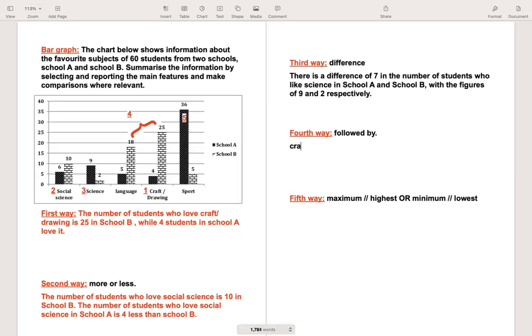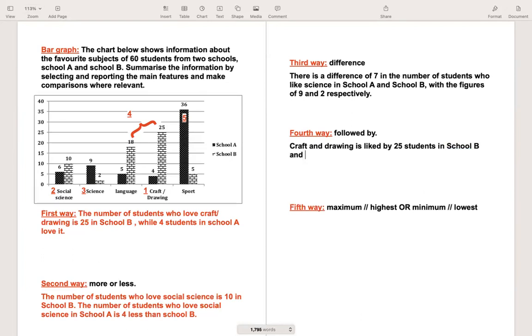Okay. So we'll start with object. Object is craft and drawing. Perfect. Craft and drawing. Next. Is or was? Is. Verb third form? Is loved by the number, by 25 students in school B. Okay.